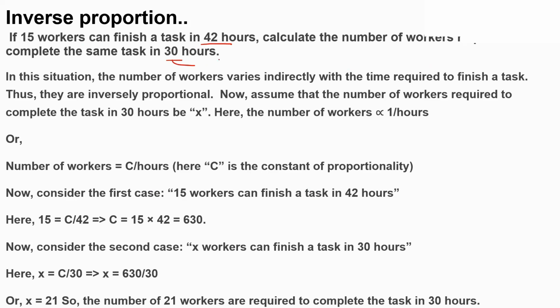Look, I'm decreasing the time, so obviously I need to increase the number of workers. If 15 workers can finish the task in 42 hours, then to complete it in 30 hours, I need to put in more workers. So in this situation, the number of workers varies inversely with the time required to finish a task. So they are called inversely proportional.